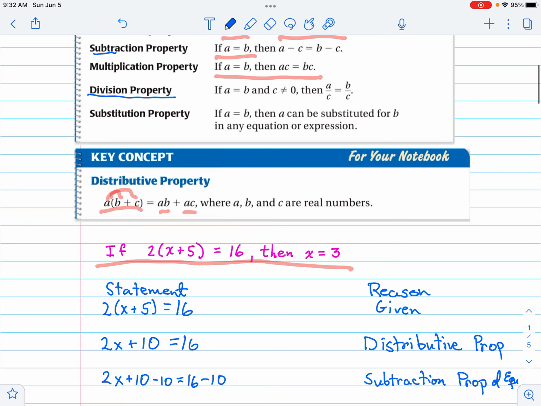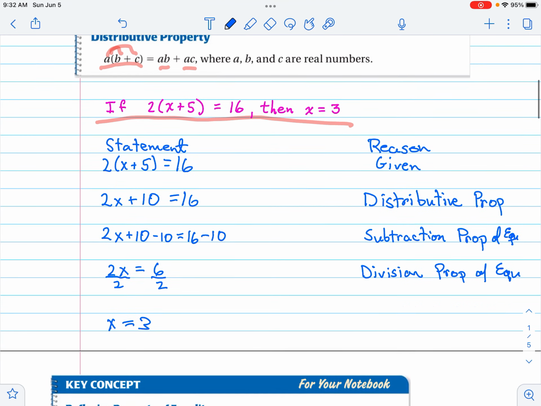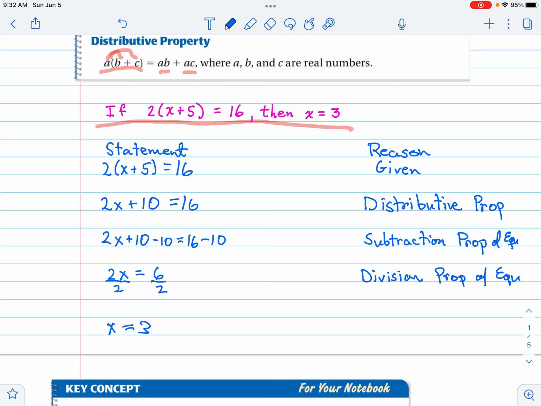At that point, we're done, and we have proven what we wanted to prove. Really, we just solved that equation in a more rigorous way than usual, because we had to state our reason. Maybe in Algebra 1 your teacher required you to state the reasons. This is a 2-column proof; sometimes people call it a T proof.